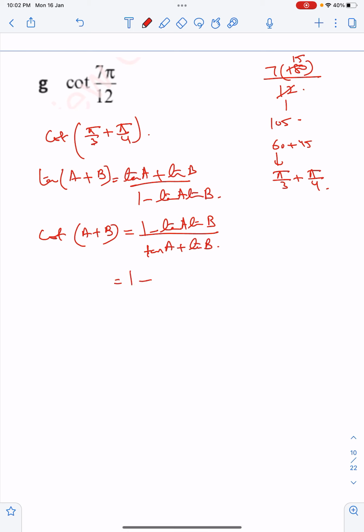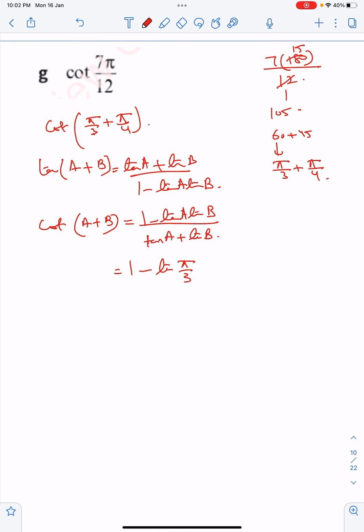Okay, 1 minus tan of A, that means tan of pi by 3. In this question, we will take A to be pi by 3 and B to be pi by 4. Tan of pi by 3 into tan of pi by 4 upon tan of pi by 3 plus tan of pi by 4.